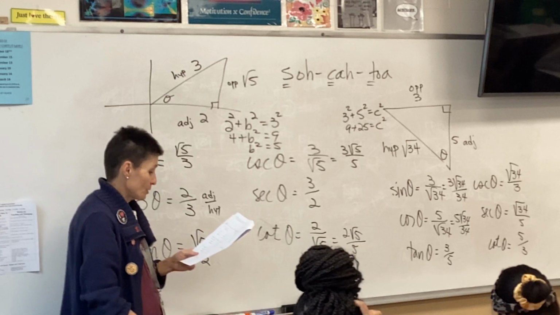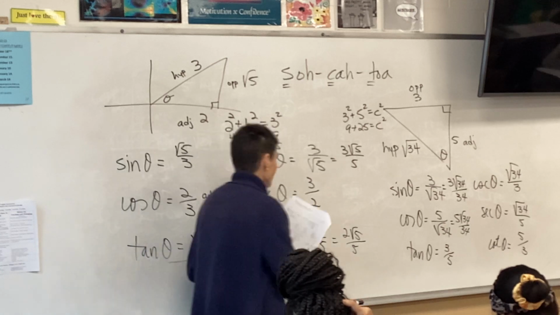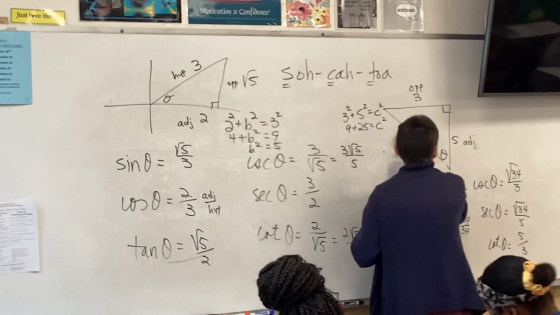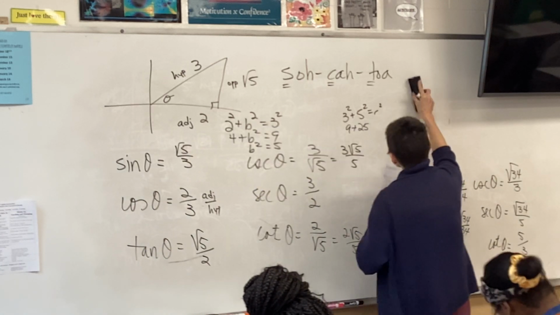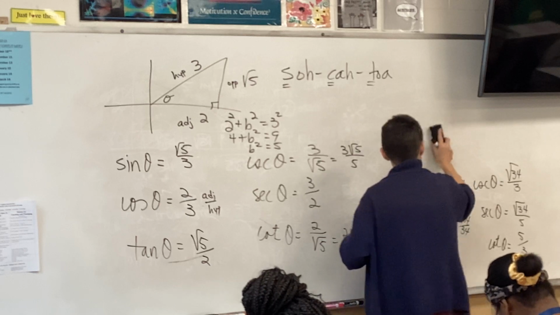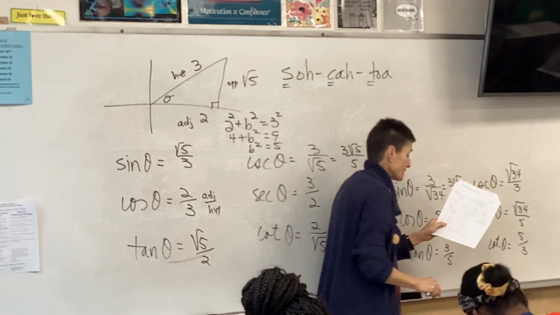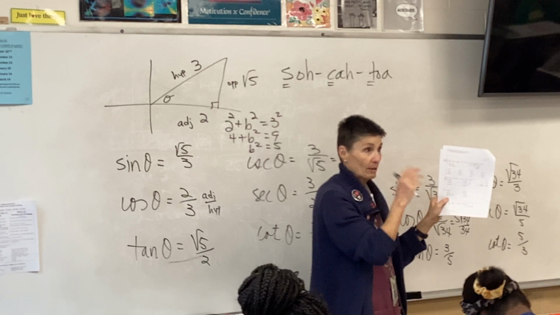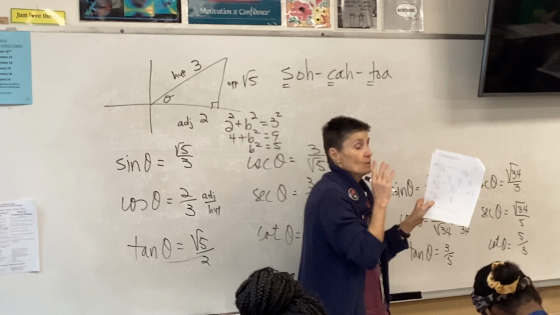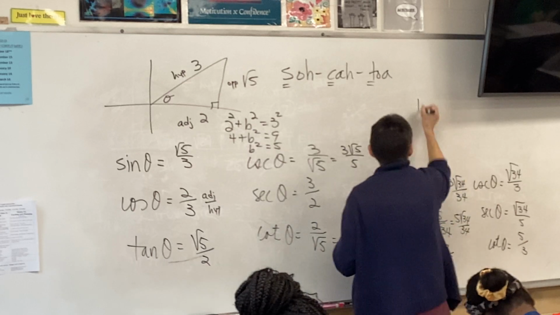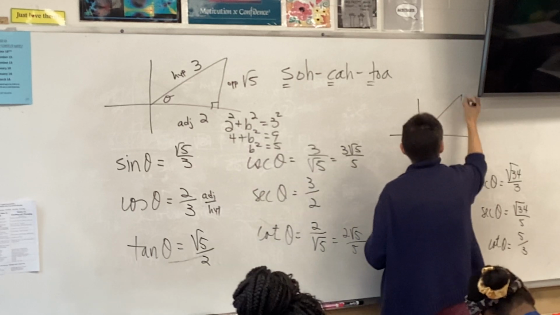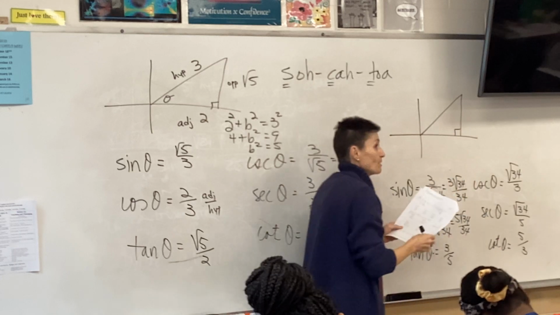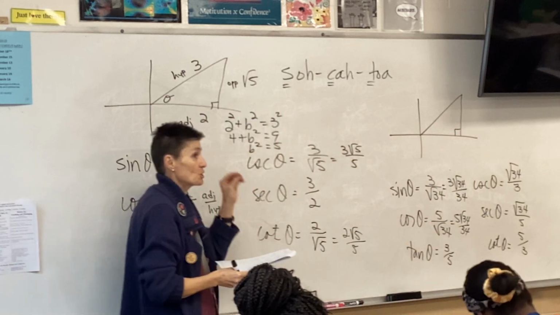All right, on your own with your partner, would you try 2B? Now, I didn't tell you this before, so I'm going to tell you right now. Notice that for 2B, there is no picture drawn at all. When there is no picture drawn, you draw this picture. That is your standard triangle in standard position.